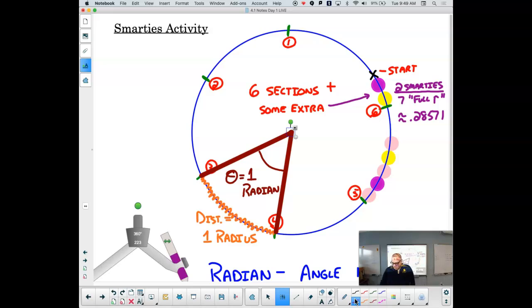So all told, to go all the way around the circle, it would be 6.28 radians. Does that sound familiar to anyone?